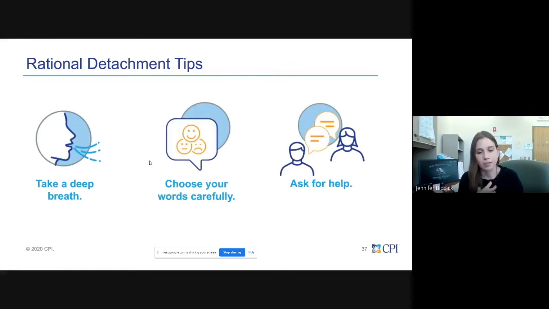And this is for us. Take a deep breath, choose our words carefully, ask for help if you need it. So again, behavior influences behavior. Your approach changes everything. So remember this concept of rational detachment: stay calm, stay consistent, and self-monitor.